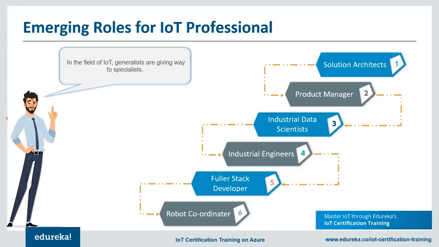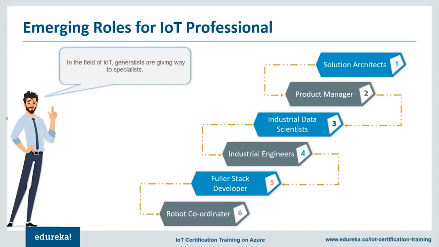Moving on. When we talk about IoT, we talk about huge amounts of data. And where there are huge amounts of data, we have analytics on top of it. So this is a job profile created specifically for the IoT industrial field, which is the industrial data scientist. These are data scientists that work with sensor data and have expertise on it.